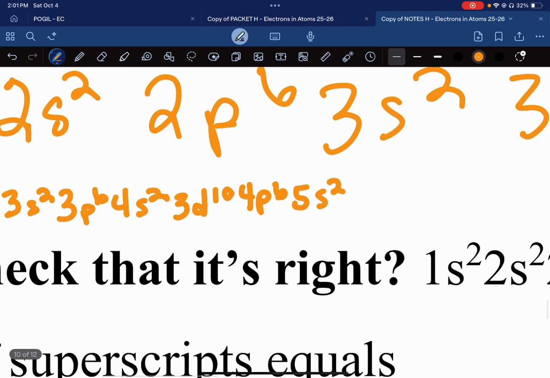Now we've got to subtract 1 because we're back down, 4d10.